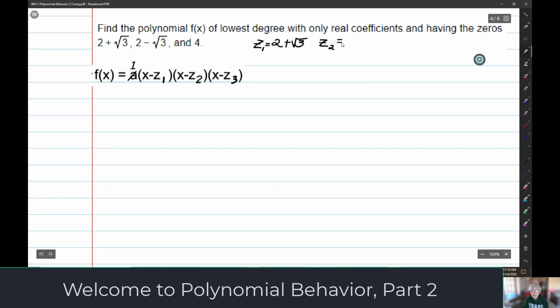Z2 equals 2 minus the square root of 3, which is also an irrational 0. And then 4. 4 is just a real rational 0.